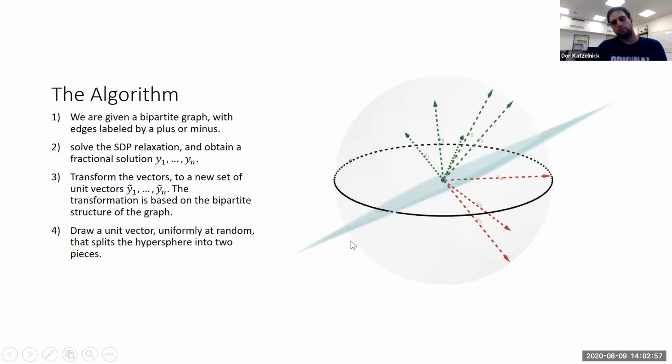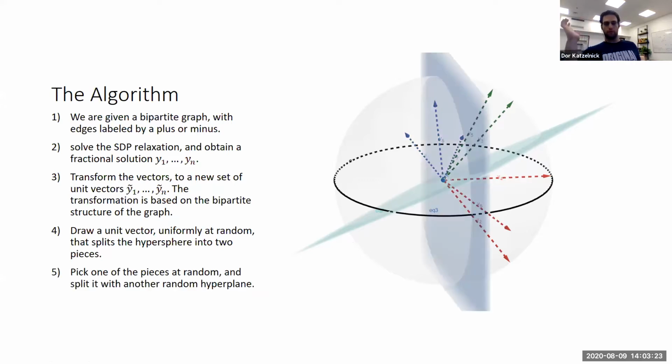And now we have two clusters, right? We can stop here, but this will not be a very good approximation algorithm. So we want to cluster it again. How do we do it? We randomly choose one of the pieces of the hypersphere, and we draw another hyperplane, and it splits it again.